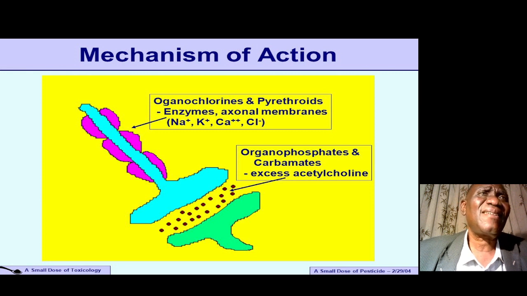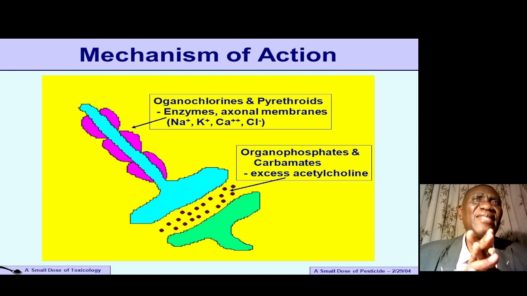Organophosphates and the carbamates affect that space there where you have what we call the synapses of the nervous system. It is the excess production of acetylcholine which will give continuous signals that will eventually kill the insect.